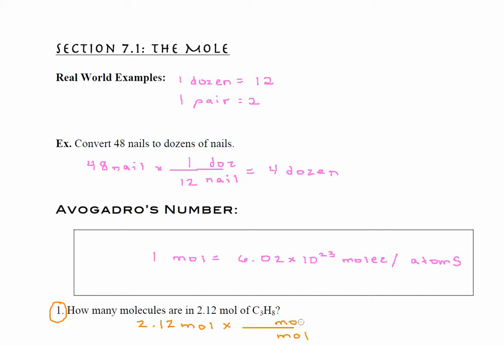Make sure to distinguish between these guys. I write M-O-L-E-C. Okay. Now, I know this relationship. This is just Avogadro's number. So for every 1 mole, there are 6.02 times 10 to the 23rd molecules. And so now, since the 6.02 times 10 to the 23rd is in your numerator, you're going to multiply. So 2.12 moles times 6.02 times 10 to the 23rd.